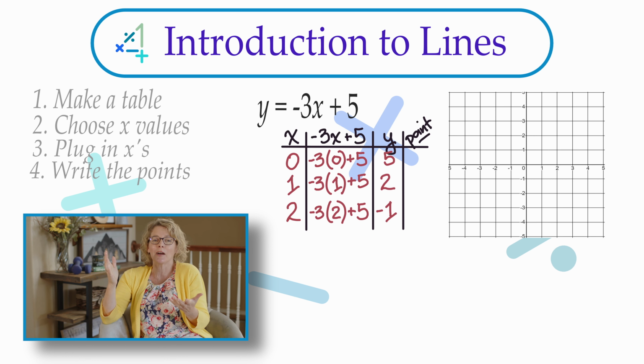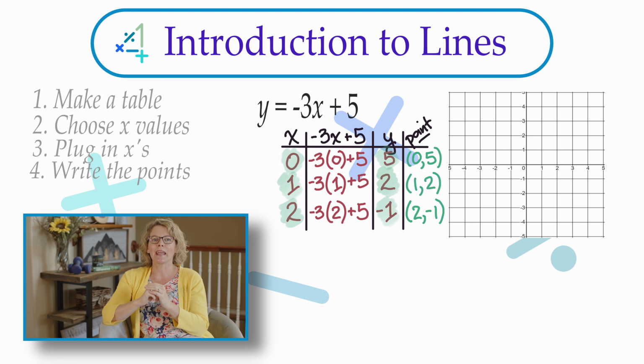This next step is easy. You just copy down your x's that you chose and then put the y's you figured out right next to them: 0, 5; 1, 2; and 2, negative 1. We have created points that fit into this equation. Now we use a cool coordinate graph and we plot them.